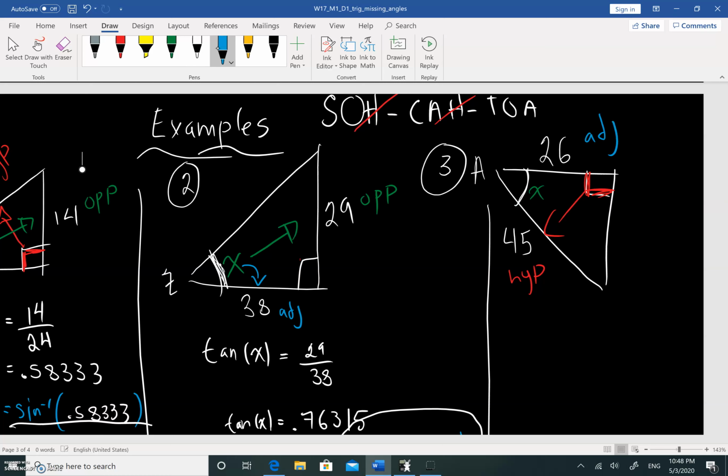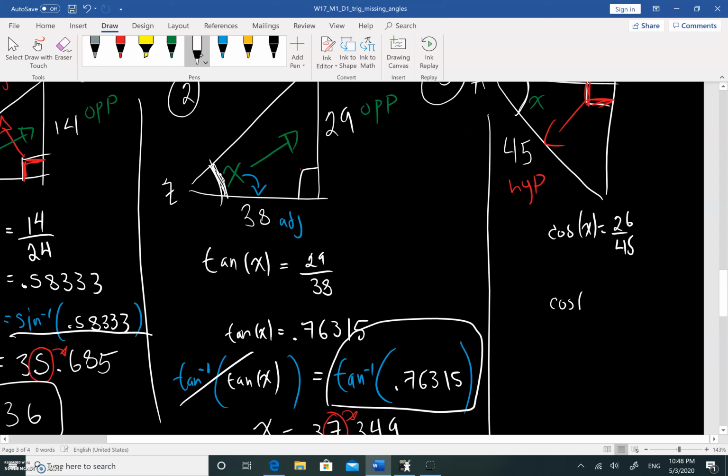So this is going to be cosine of x is equal to 26 divided by 45. That's going to give me 0.57 repeated.